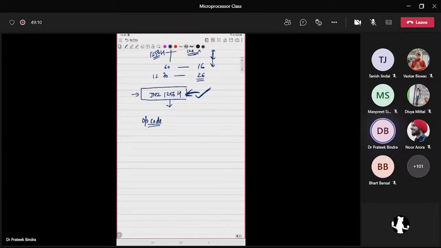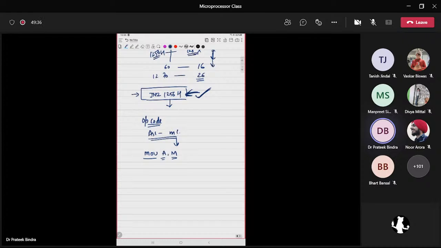The opcode is basically nothing but a conversion. Whenever you convert your assembly language into machine language, the machine language that you have converted for a particular instruction is known as the opcode, right? So let us suppose I have written MOV A, M. This MOV is known as your mnemonic, and A and M are your operands, right?